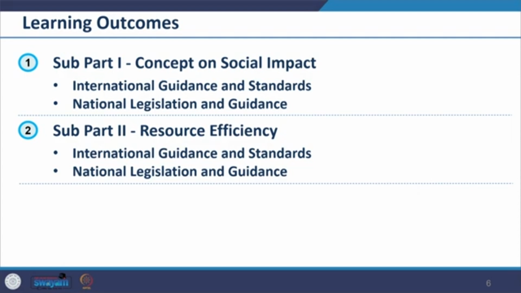In the second part, you should be able to conceptually explain resource efficiency, though we'll cover that more in the later methods section. Then you should be able to identify international guidance and standards, and then also identify national legislation and guidance, and know where to look for information.